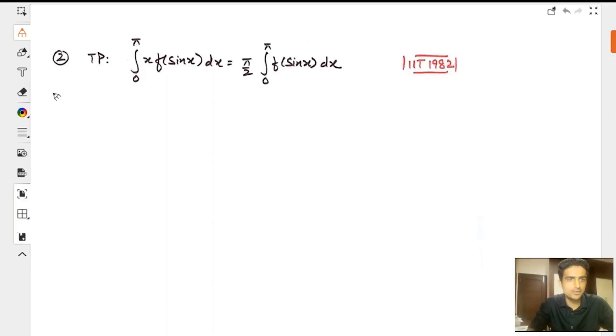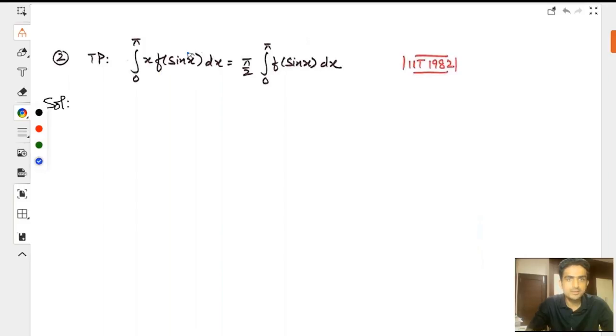See, this is one of the theoretical questions. By the way, it is IIT 1982. Quite an old question. We want to prove integral 0 to pi x f of sine x dx, where f is any function, is equal to pi by 2 integral 0 to pi f of sine x dx.